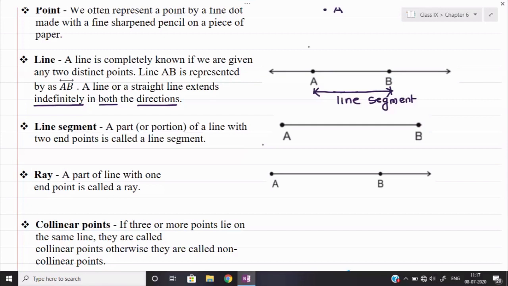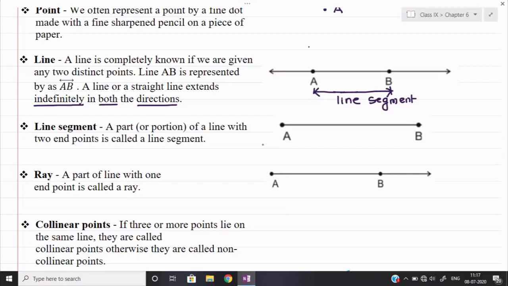So remember the difference between line and line segment. A line goes up to infinity from both ends, while a line segment is a part of a line taken as one portion. So it will have two endpoints.